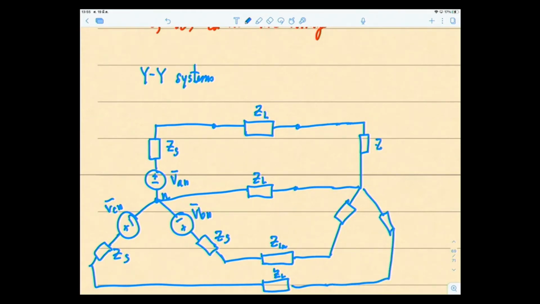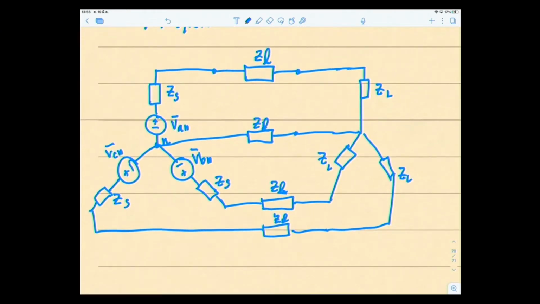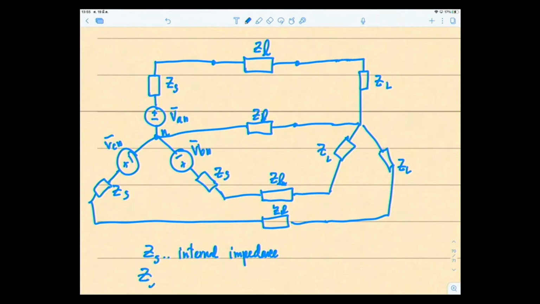So ZL, as in line and load, there is ZS, which is the internal impedance. ZL, the small l, is the impedance of the line joining the phase of the source and the phase of the load.